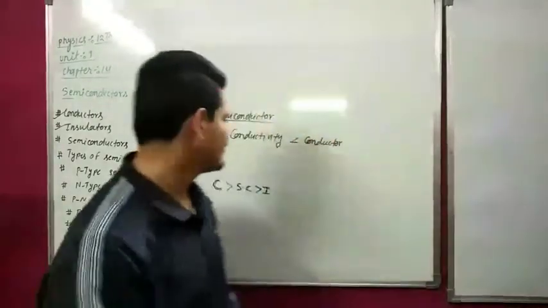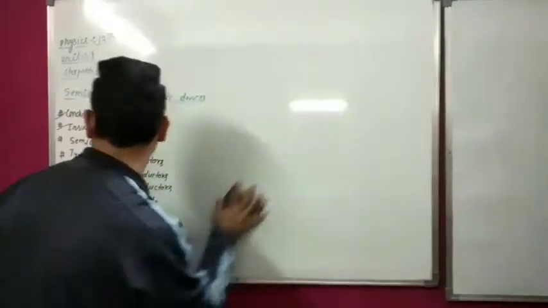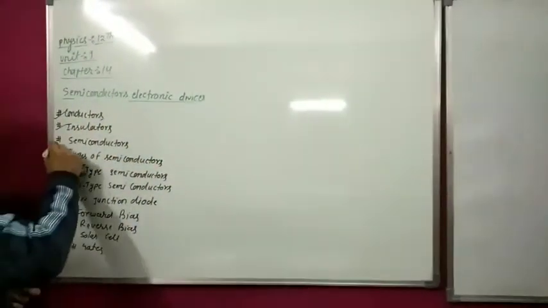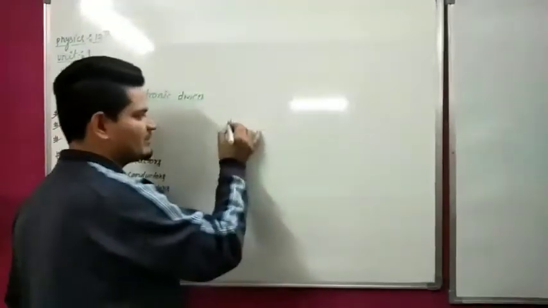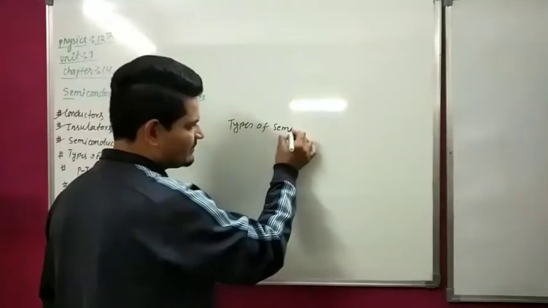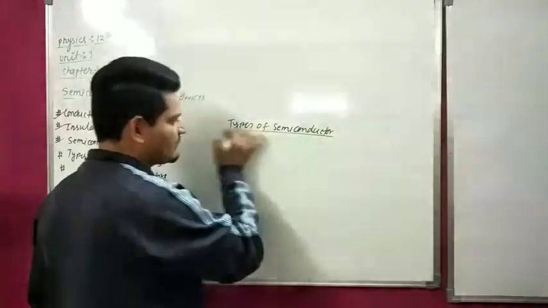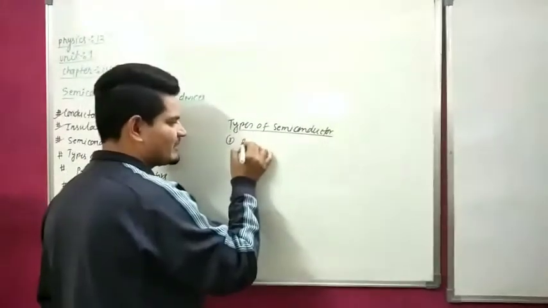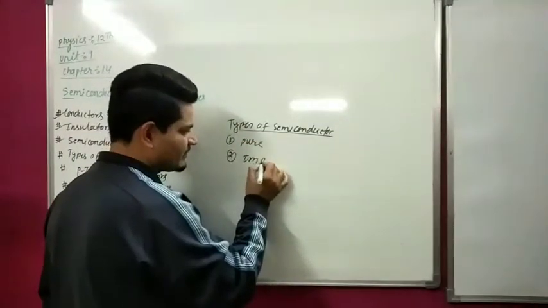Now our next topic is types of semiconductor. There are two types of semiconductor: pure semiconductor and impure semiconductor.